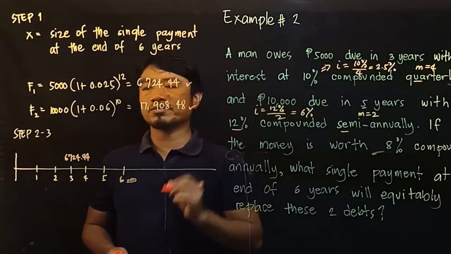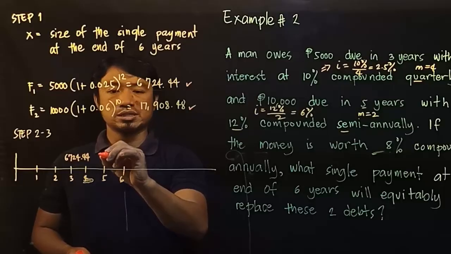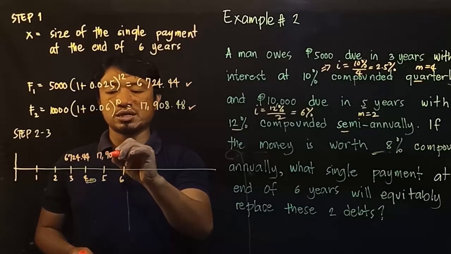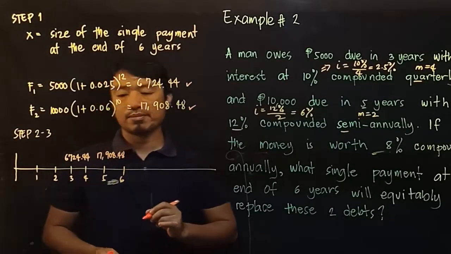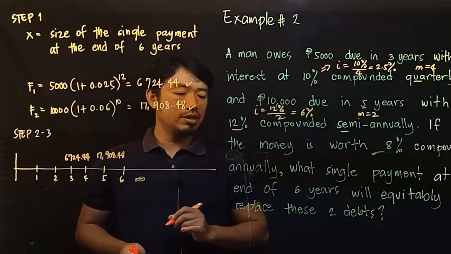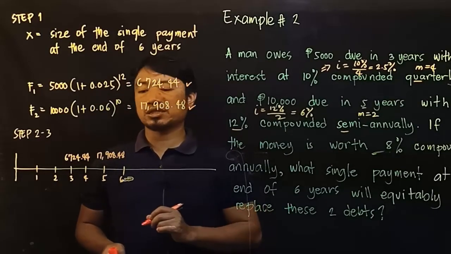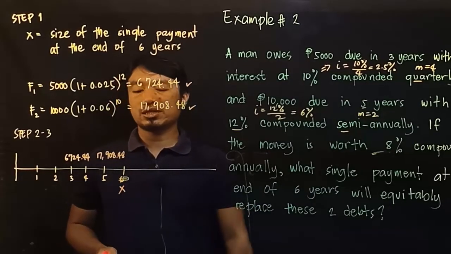This is due after the 5th year, so this is on the 5th year, 17,908.48. And this is to be settled by a single payment due at the end of 6 years. So we're going to place X on the 6th year.